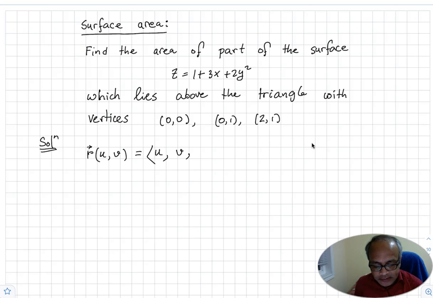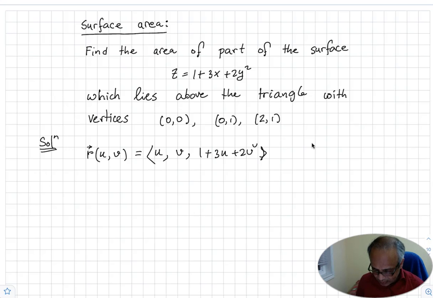Then z can be substituted by looking at this expression: 1 plus 3u plus 2v squared. Once I have the parameters, the parameter domain in this case will be the same triangle, because I have intentionally set the parameters along the x and y coordinates. So the parameter domain will be the triangle with vertices (0, 0), (0, 1) and (2, 1).